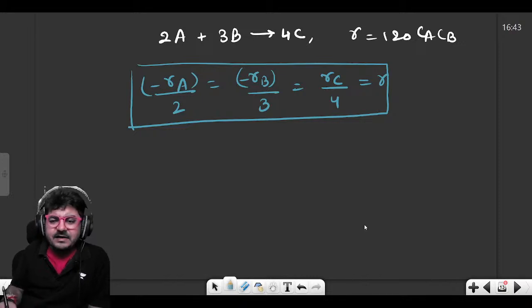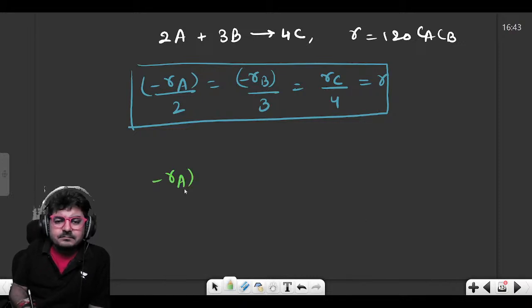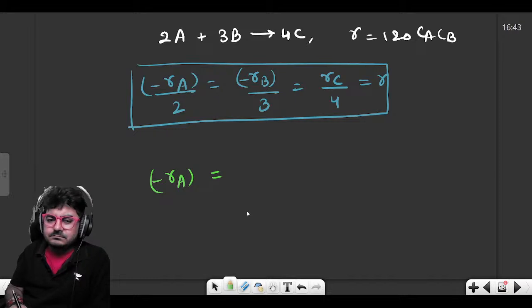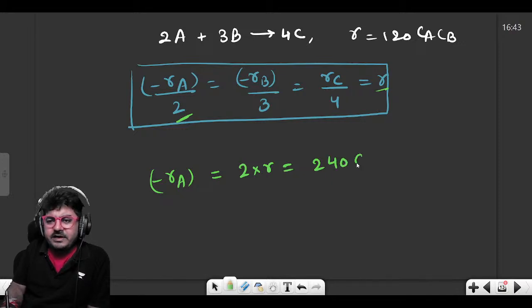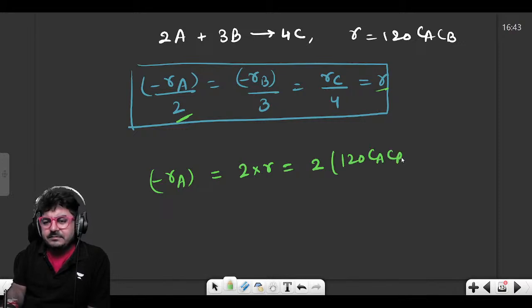So what is minus Ra here? Minus Ra will be 2 times of R. That means 240 CaCb. वैसे तो इसे अगर आप सही से लिखना चाहते हो तो इसे ऐसे लिखेंगे, 2 times of 120 CaCb, correct? And if you wish, you can also write it as 240 CaCb.